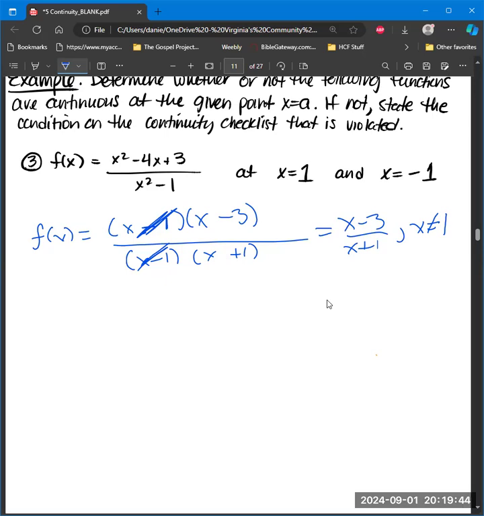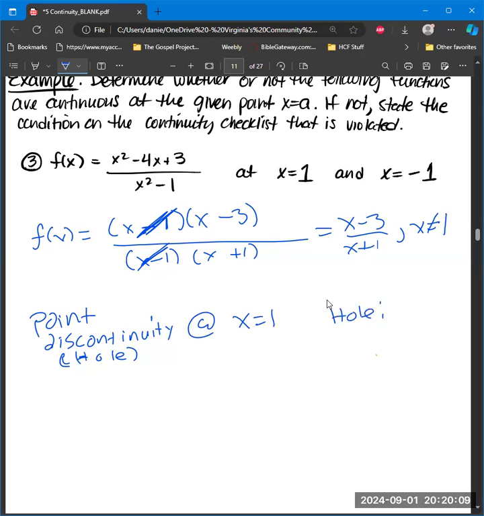So this is going to be a point discontinuity, a hole at x equals 1, and the hole's coordinates are at 1, and then -2/2 is -1.